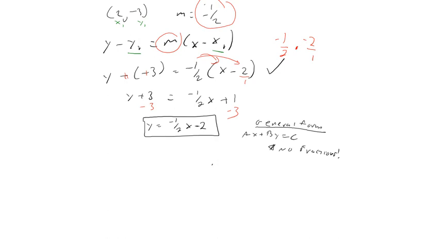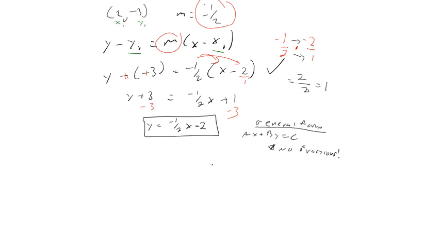When you multiply fractions, the tops multiply and the bottoms multiply. So this becomes -1 times -2 is +2, 2 times 1 is 2, and 2 over 2 becomes a 1. So that's where this +1 came from.